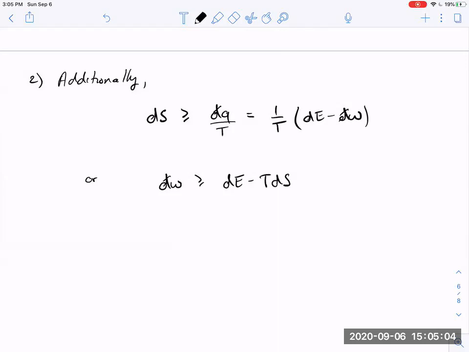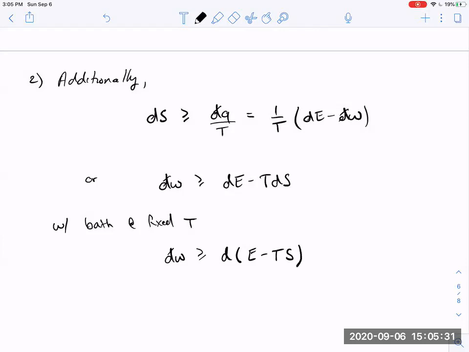All right, that's a manipulation, sure. If we note that the temperature is fixed, we can rewrite this differential change dW as being greater than or equal to the differential of E minus TS.